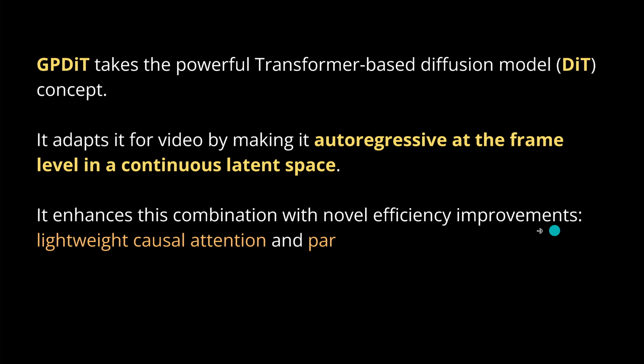Great. This new GPDiT takes the powerful transformer-based diffusion model concepts and develops them further, because now it adapts for video generation by making it autoregressive at a frame level, and we operate with our mathematical operations in a continuous latent frame.